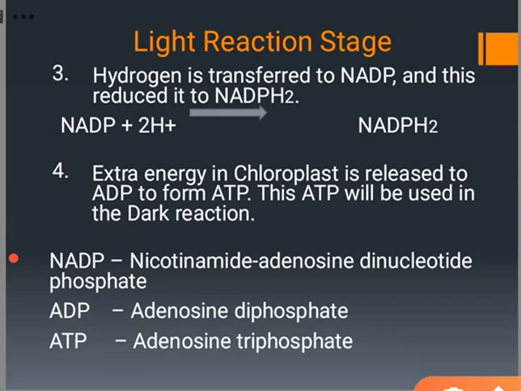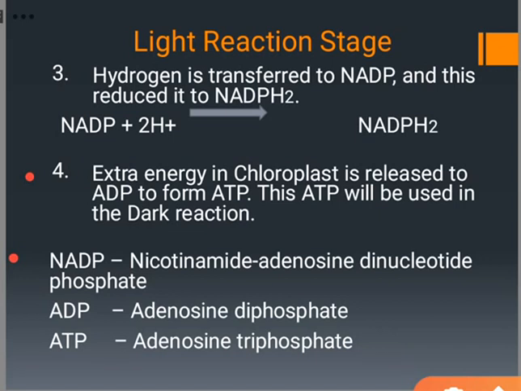Now, at the same time, extra energy in the chloroplast is released to ADP, which is another energy precursor. When the chlorophyll was initially excited at the first phase of the light reaction stage, not all the excited energy is used to split the molecule of water.